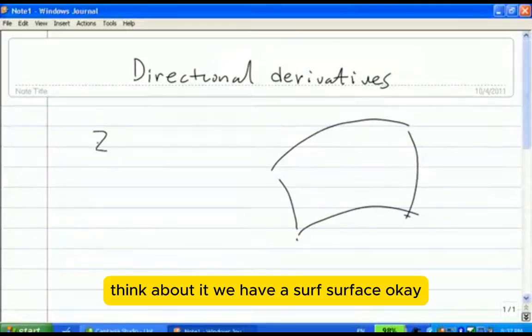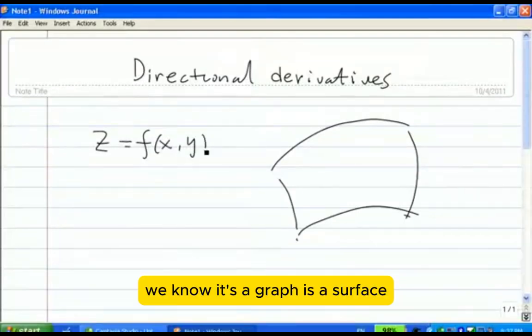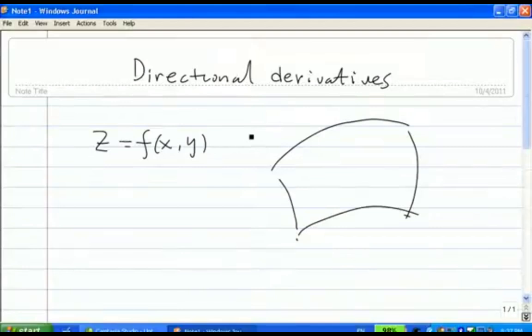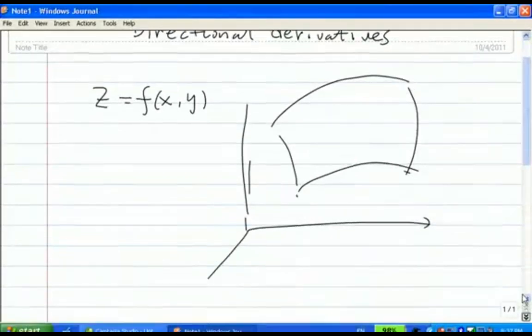Think about we have a surface, a function f(x, y). We know its graph is a surface. Here are x, y, and z.